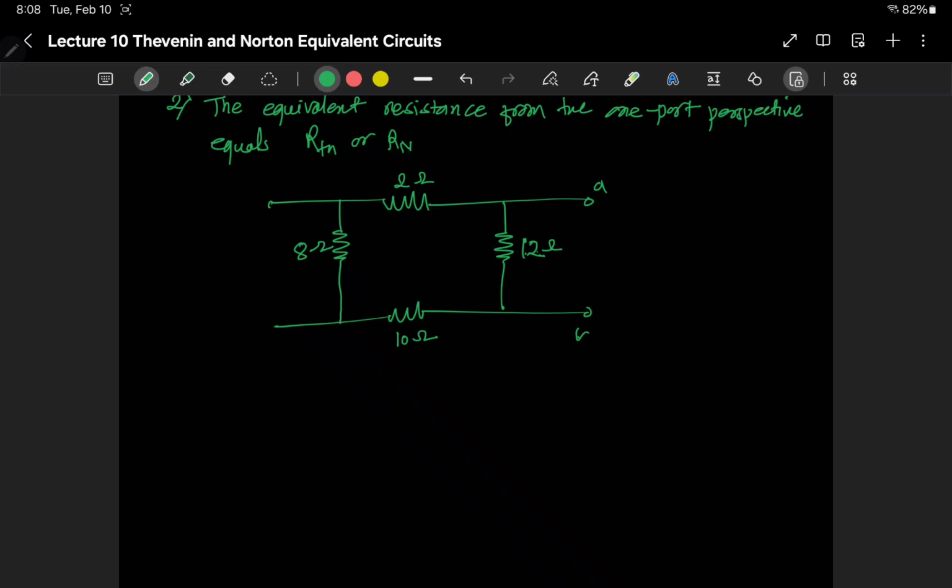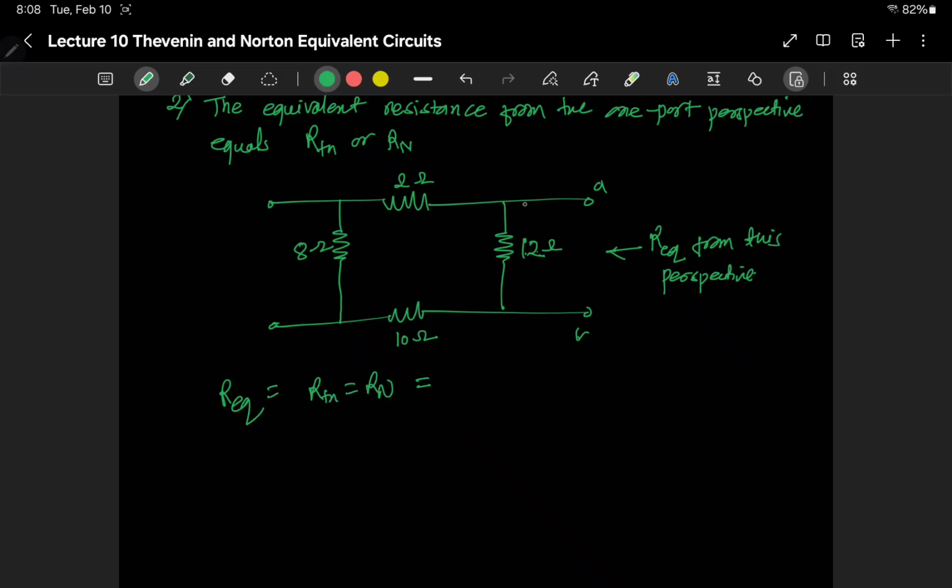But now, because we have a current source, we are going to open circuit it to find the R equivalent from this perspective, and R equivalent will be equal to the Thevenin or Norton resistance.